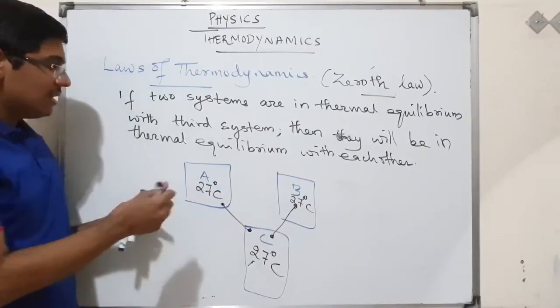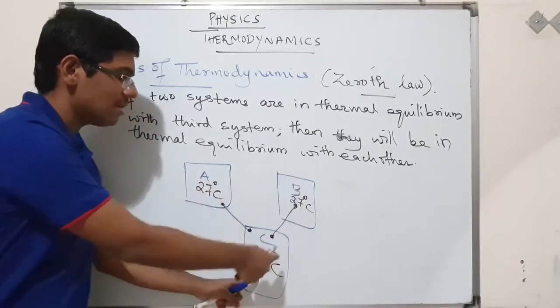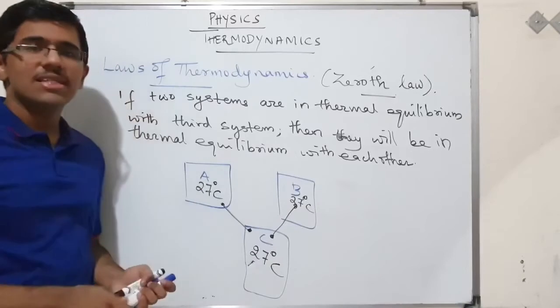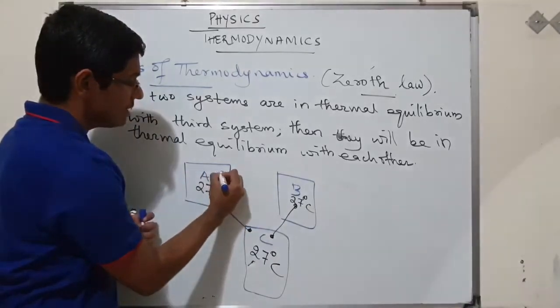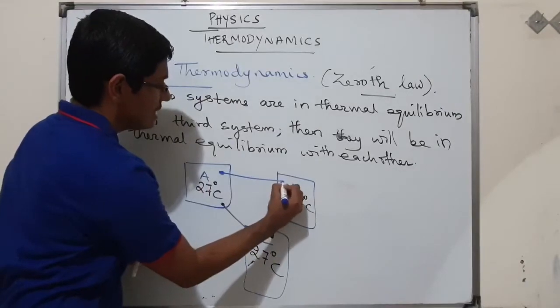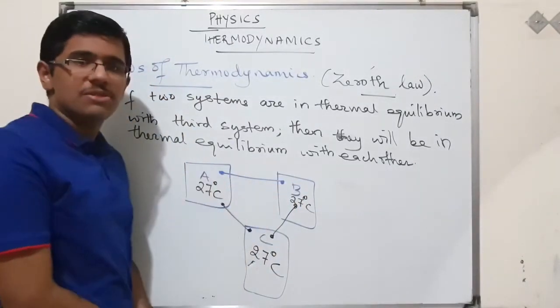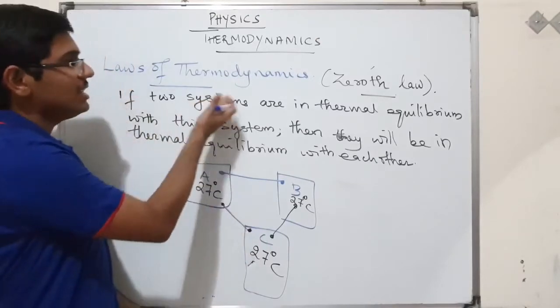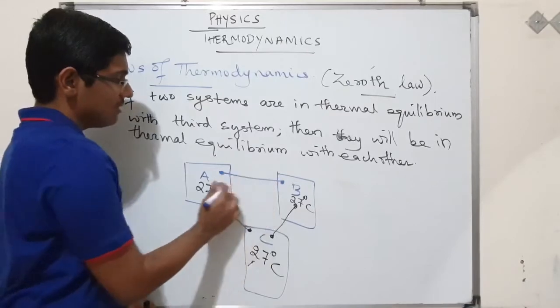That is, A is in thermal equilibrium with C and B is also in thermal equilibrium with C, then A is also in thermal equilibrium with B. This connection between the systems is known as the zeroth law of thermodynamics.